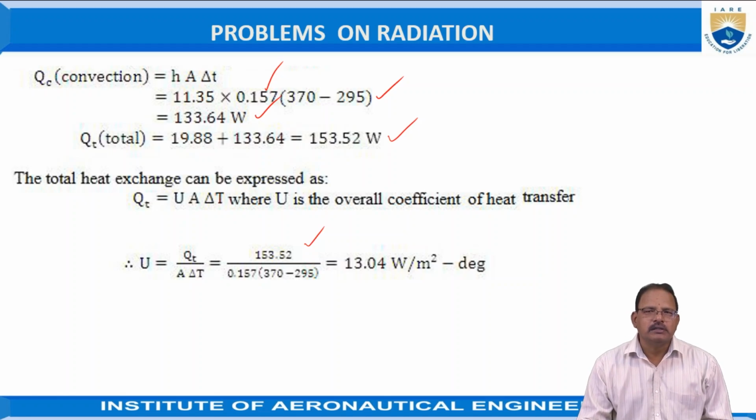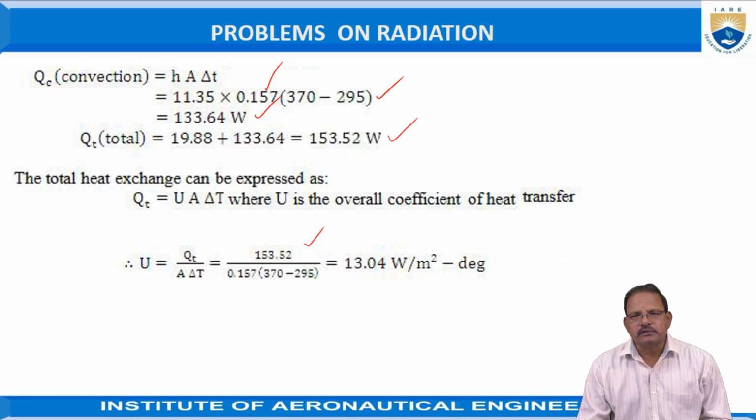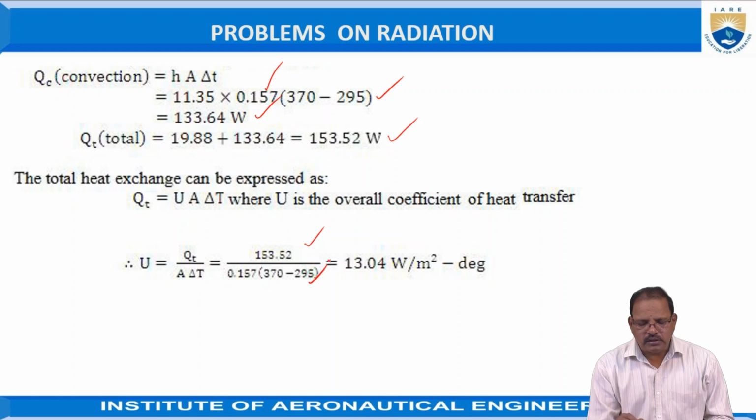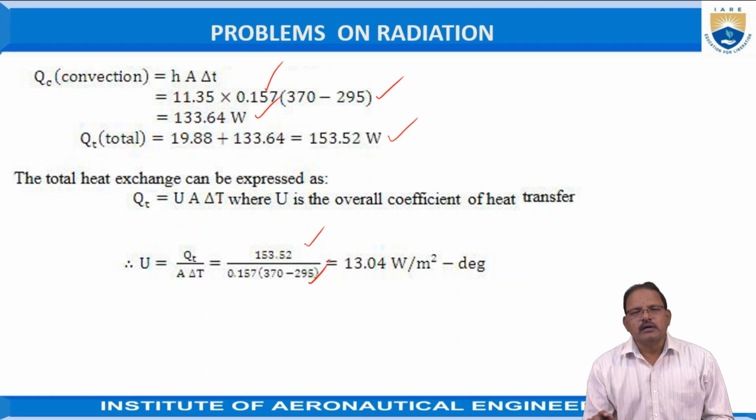Here we have taken this as the lateral surface of the object. Delta T is 370 minus 295. On doing the calculation, we got 13.04 watts per meter square per degree Kelvin. This is known as the overall heat transfer coefficient.